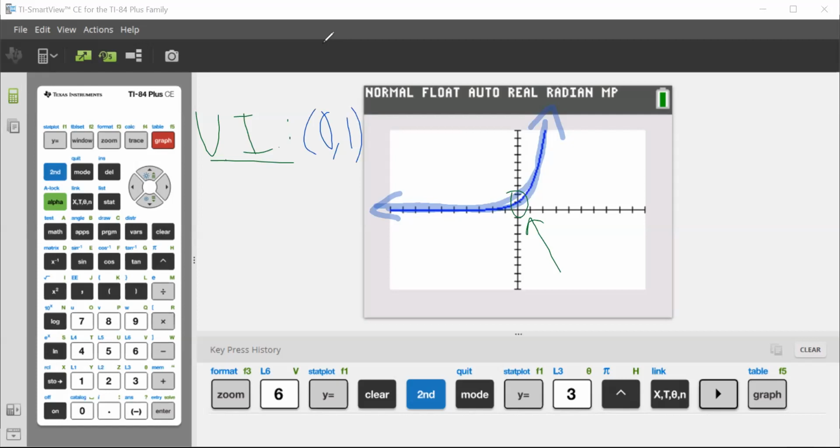And then you may also be able to tell that this function has a horizontal asymptote. So it actually has no horizontal intercepts, but it does have a horizontal asymptote. And do we see where that is? Yeah, it looks like it's right along the horizontal axis here.